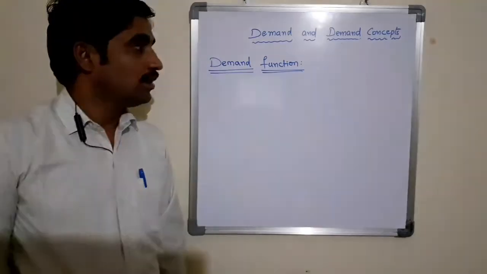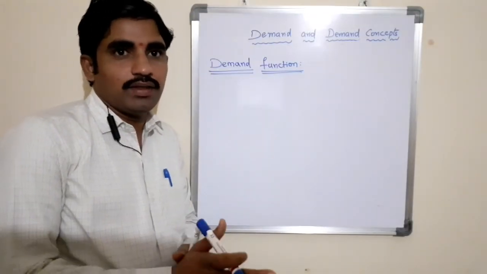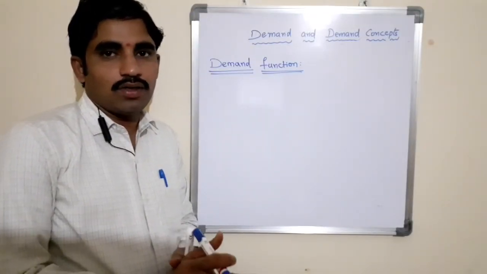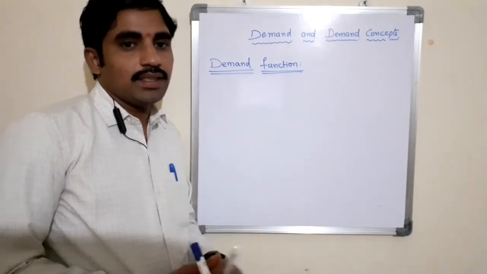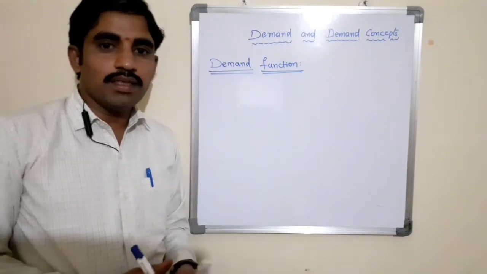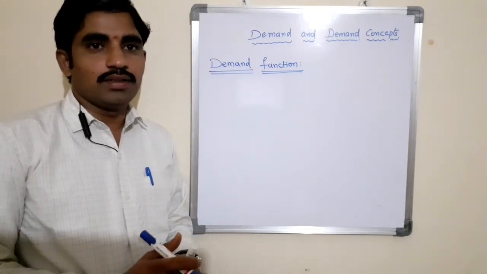Demand function is a mathematical relationship between the quantity demanded of a commodity and its determinants. It is a mathematical relationship between the determinants of demand and the quantity demanded of a commodity.